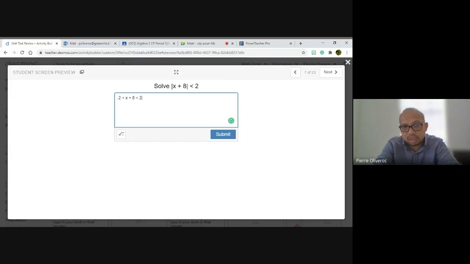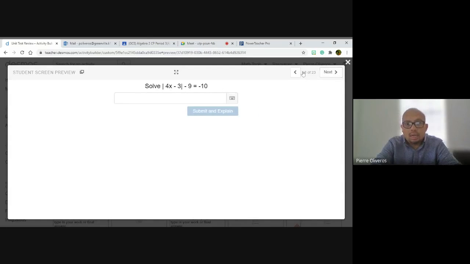So you're going to subtract 8 on both sides. You're going to minus 8 here, minus 8 here, minus 8 here. And that will give you -10 less than x. The 8 minus 8 will cancel out. 2 minus 8 is -6. And that's the answer. You're going to click submit, so I receive your answer.